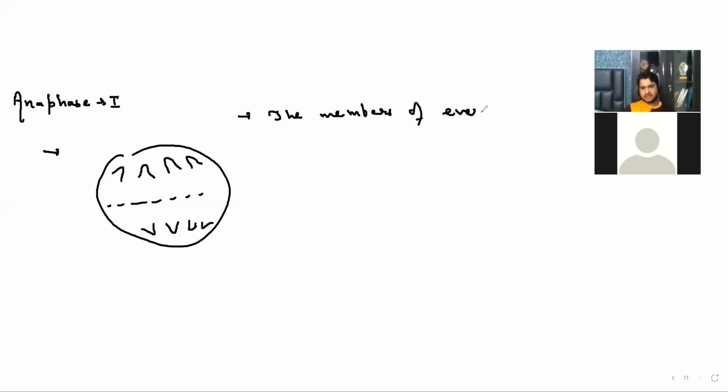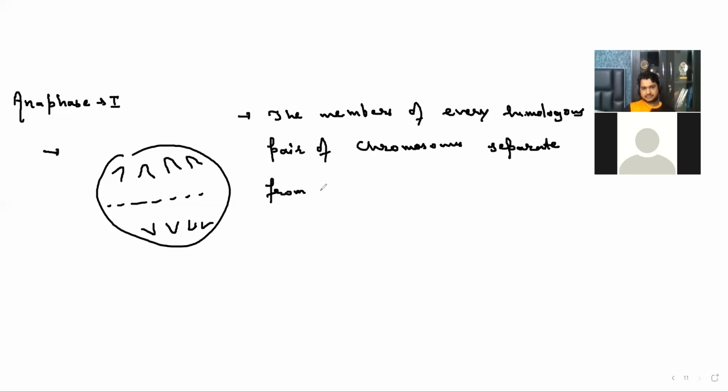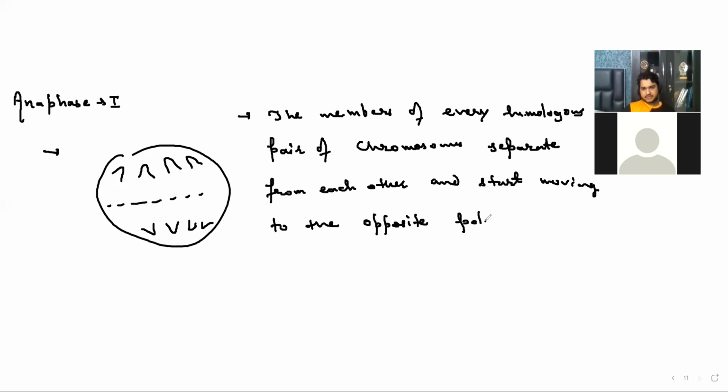So we can say the members of every homologous pair of chromosomes separate from each other and start moving to the opposite poles of the spindle, right?